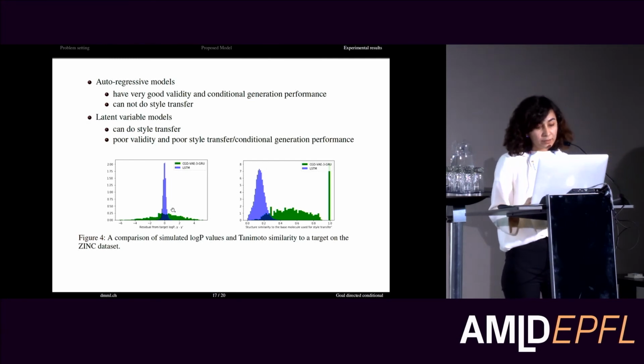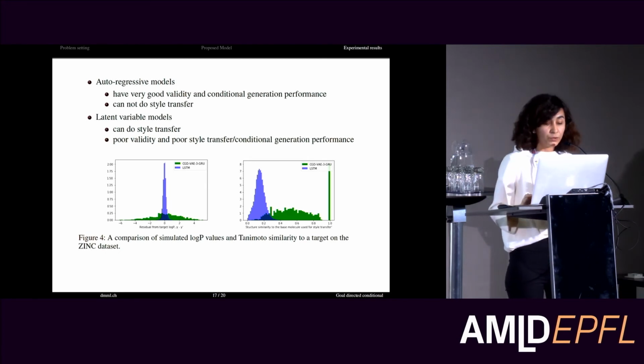If you look at the residual error of conditional generation performance, the LSTM does pretty well because it generates a molecule that matches the Y. But since it doesn't have the structural information, if you give a prototype molecule, you cannot get any molecule that is close to it. While the VAE model, the latent variable model, can generate some molecules that resemble the original prototype, but it fails in conditional generation performance. Like it has really bad performance.